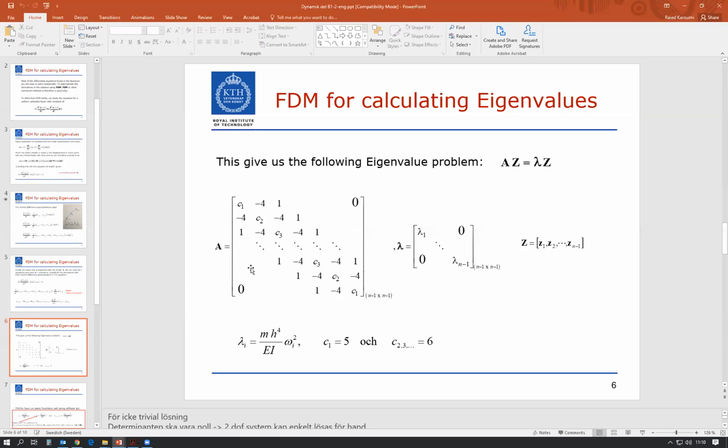The first and the last, that is C1, will always be 5 if we have a simply supported beam. And then C2, C3, all of these will have a number 6. If we discretize the beam into n segments, the size of this will be n minus 1 by n minus 1, as well as this one. So we will have n minus 1 eigenmodes and eigenfrequencies.